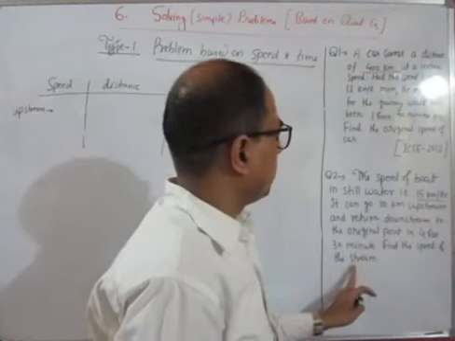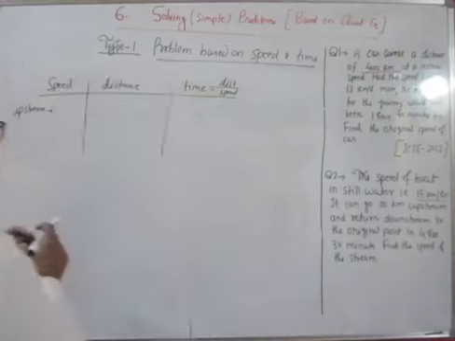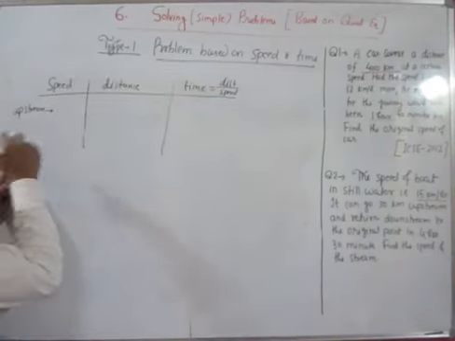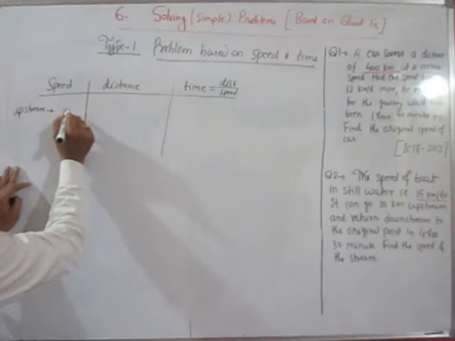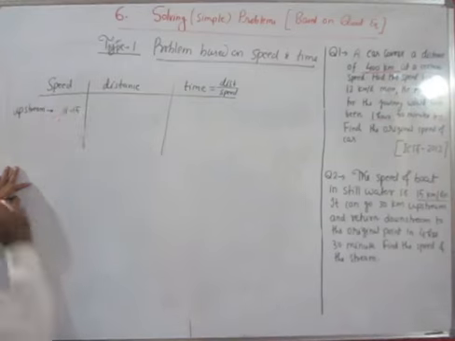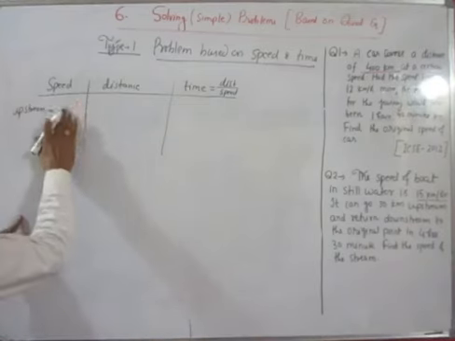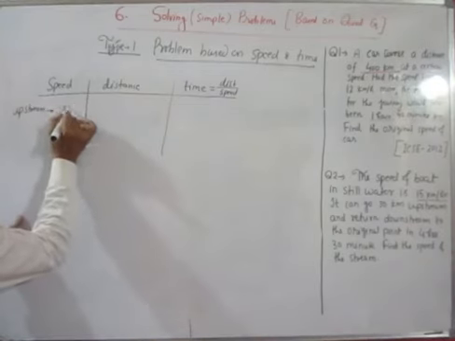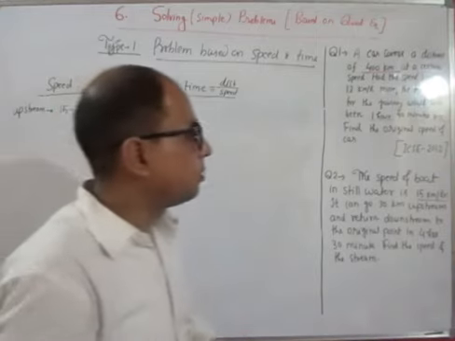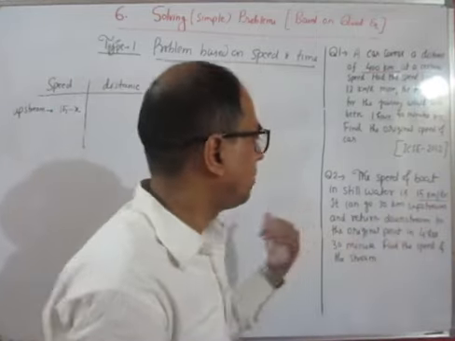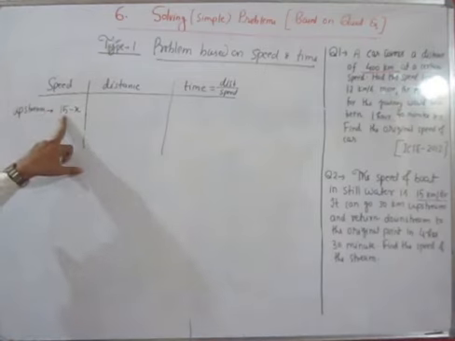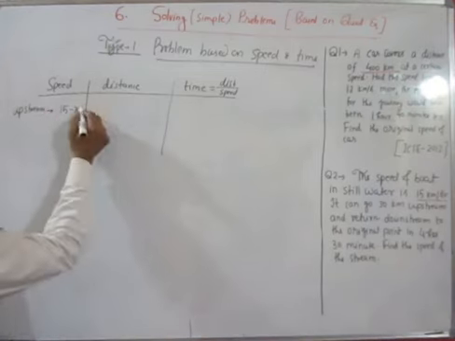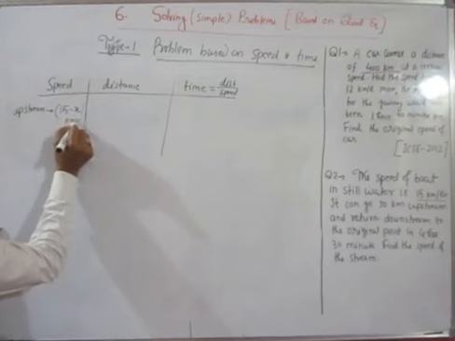Now what will be the speed of the boat upstream? It will be, not x, sorry, 15 minus x, because the own speed of the boat is 15 km per hour and it is going upstream. So of course its speed will decrease. So in the upstream the speed will be 15 minus x km per hour. The unit is kilometer per hour.